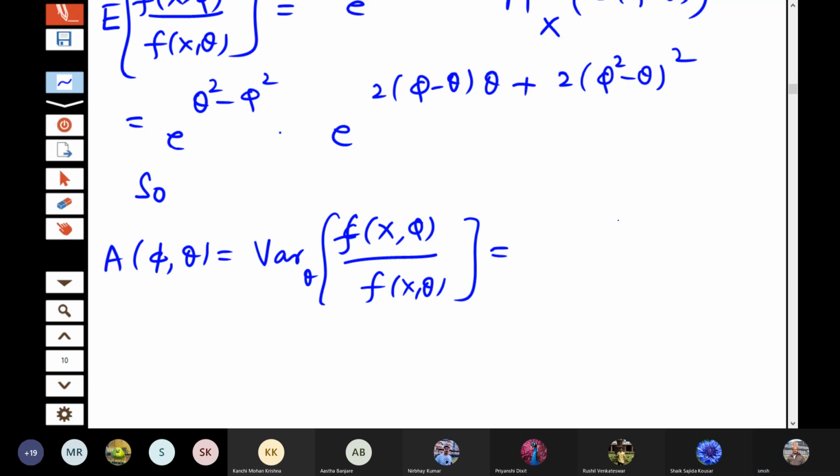So you simplify the terms: e to the power (phi minus theta) whole square will come out, and the other term will get cancelled out, because it is minus this one minus that. So that is exactly the same. So it will become e to the power (phi minus theta) square minus 1.